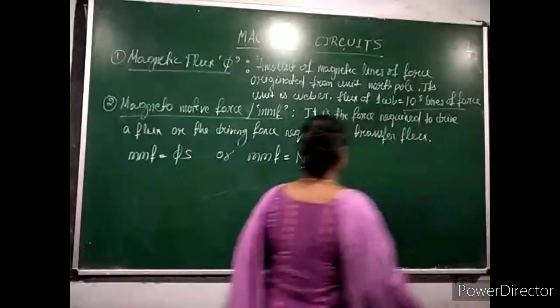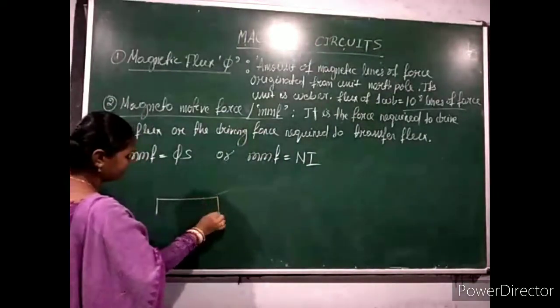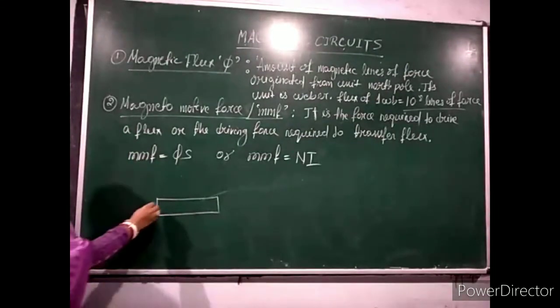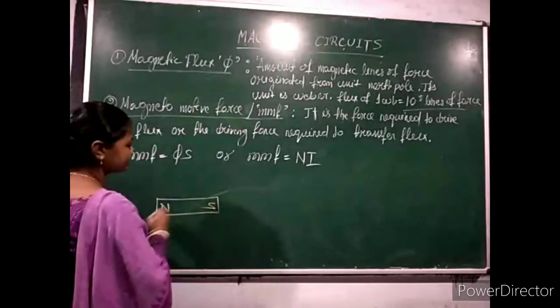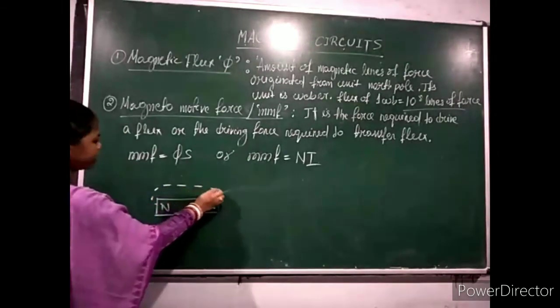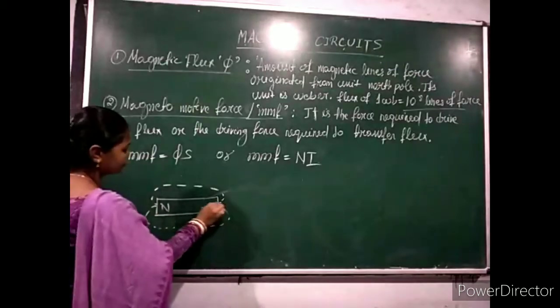Suppose I draw a piece of magnet. This is north pole, this is south pole. You know that the magnetic lines of force always move from north pole to south pole.